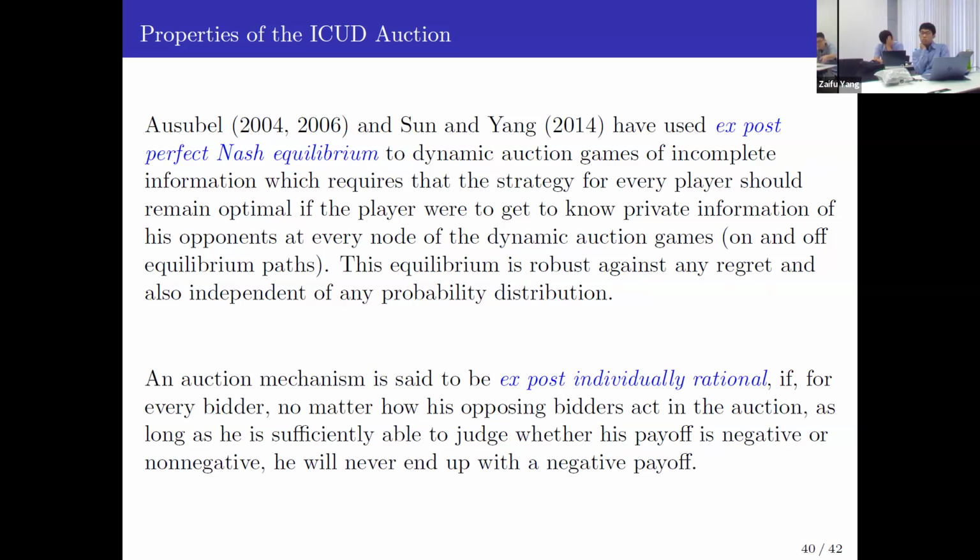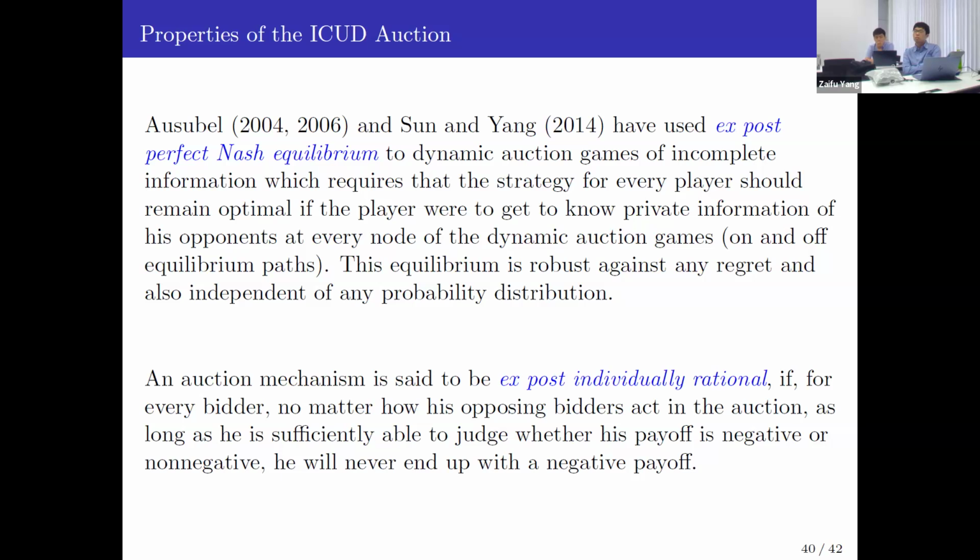So even after the player knows the private information of his opponents, the strategy for every player should still be optimal, on and off the equilibrium path. For the demand-type auction of Sotomayor, they can only achieve an ex post Nash equilibrium, because they can only handle the equilibrium path.